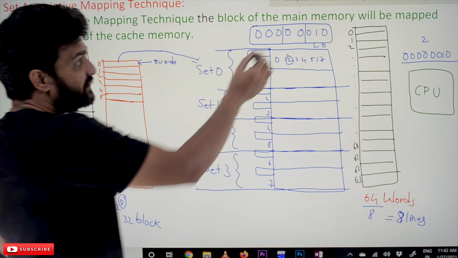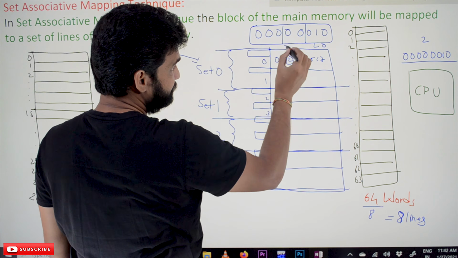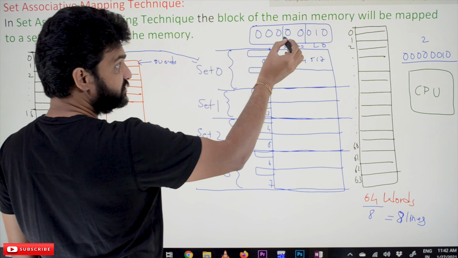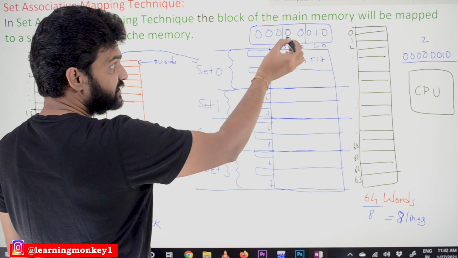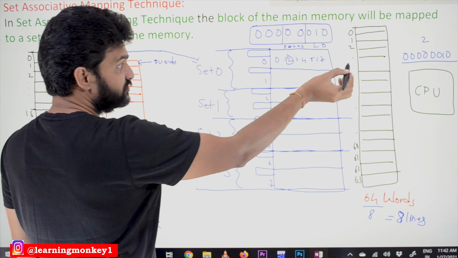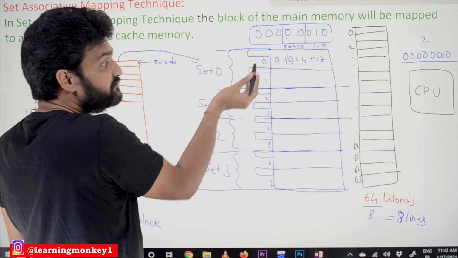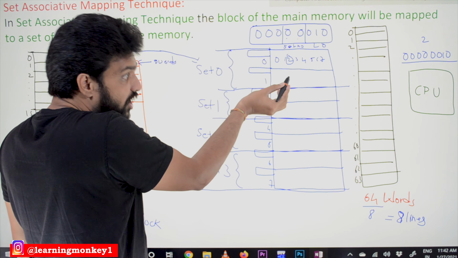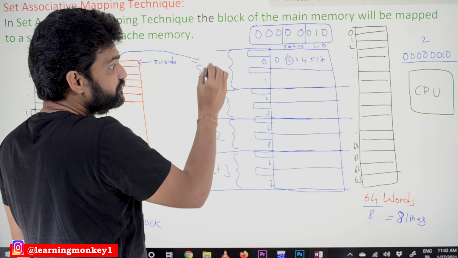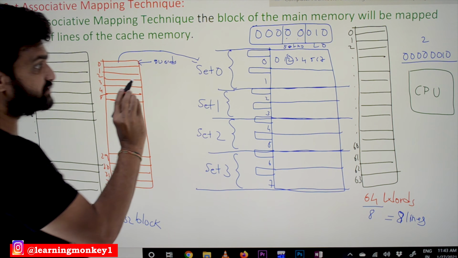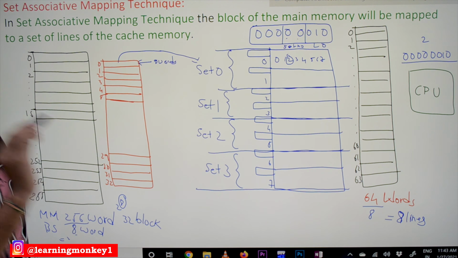That is represented by these 2 bits. 00 means this word has to be present only in this set. It may be present in this line or in this line, but it has to be within this set. That is very important to understand. That is what we call set associative mapping.